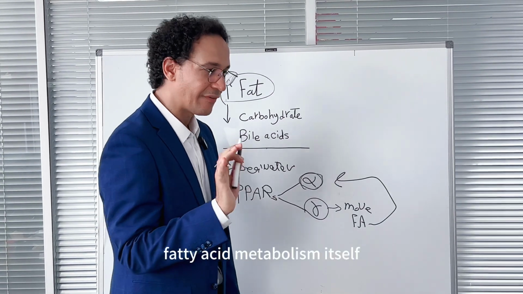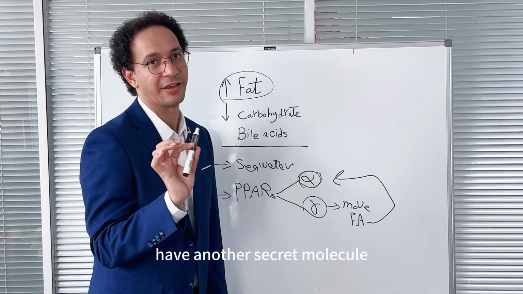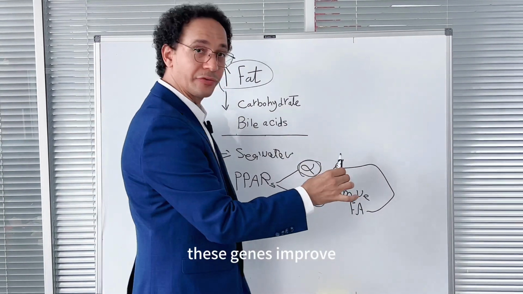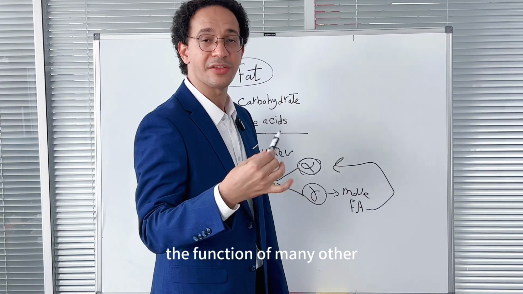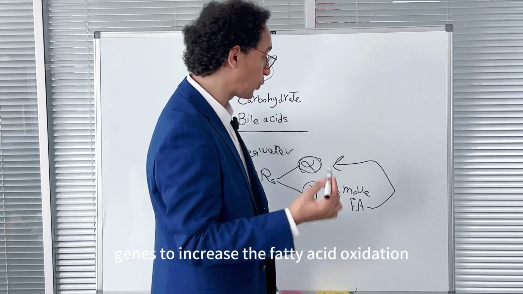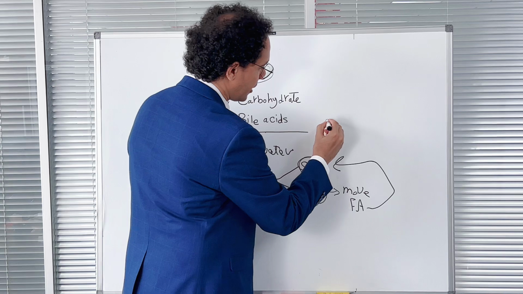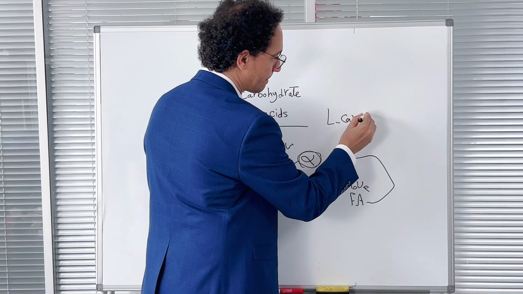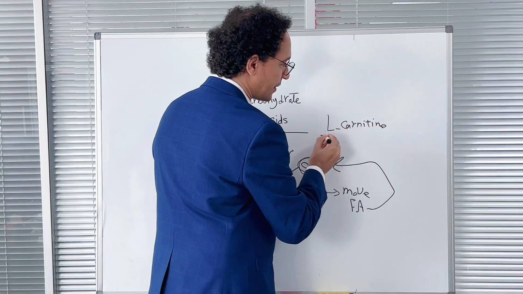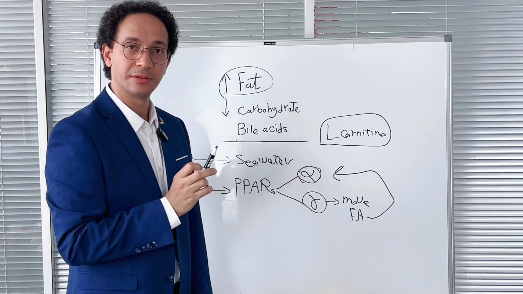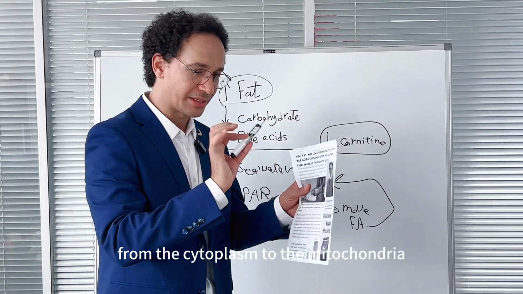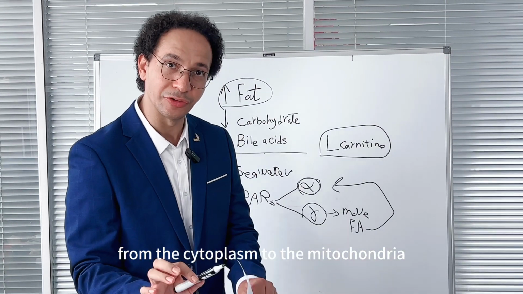But still, fatty acid metabolism itself has another secret molecule. These genes improve the function of many other genes to increase the fatty acid oxidation. One of them works on L-carnitine. This molecule is very important because it carries the fatty acid from the cytoplasm to the mitochondria.